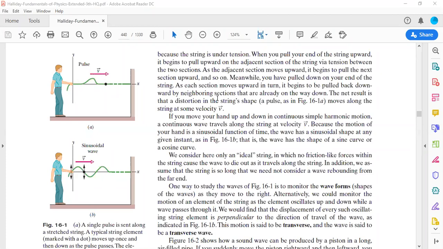Basically, a wave means a disturbance created in the medium that travels through the medium.